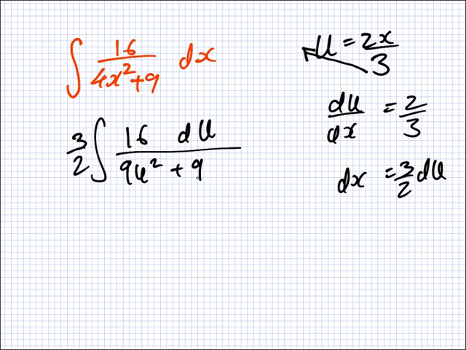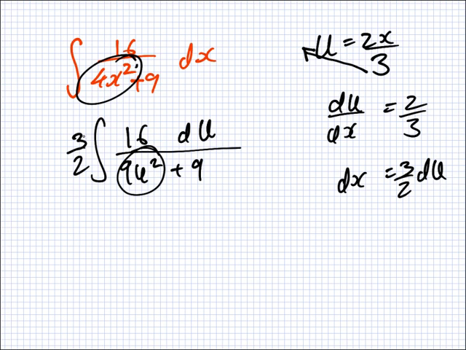Bring the 3 up here, yeah? What's 2x squared? 4x squared. And what's 3u squared? 9u squared. So 4x squared is 9u squared. I replaced it.